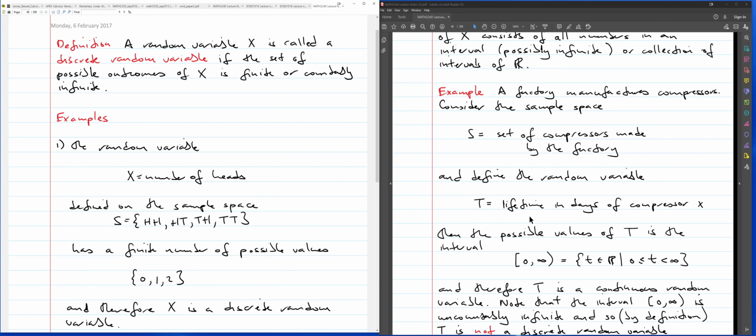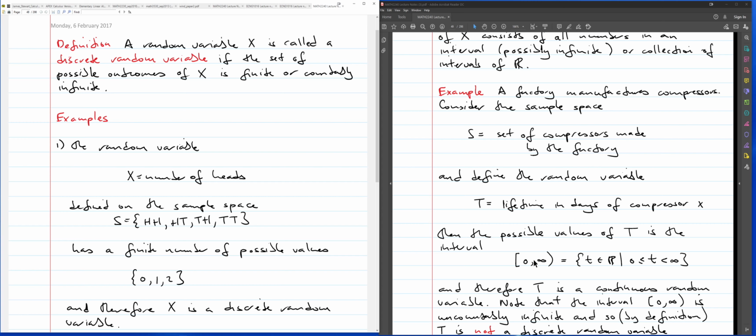Or the lifetime could be, say, 10 days, it could be 10.1 days, it could be 10.11 days, and so on. So the lifetime is not an integer. The lifetime would lie in an interval. The interval would start at 0, including 0, and you will have a boundary lifetime.